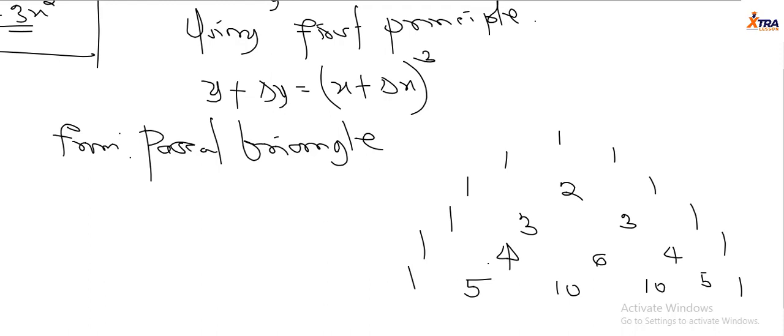So if we have our expression raised to the power of 2, the coefficients are 1, 2, 1. But if you have powers of 3, the coefficients will now be what? 1, 3, 3, 1. So let me show you what I'm trying to explain here.